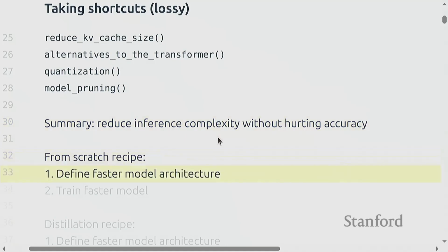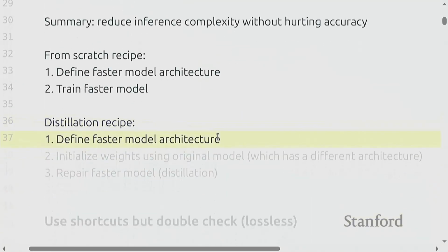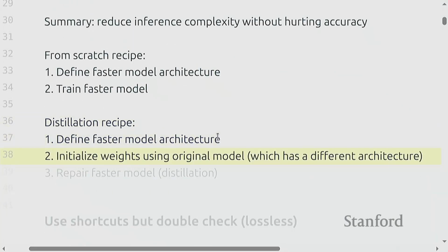You can do it from scratch, where you just define a fresh architecture that's by construction fast and just train it. Or you can take a slow model, figure out some scheme to initialize the new model with the old model, and then you basically do distillation.